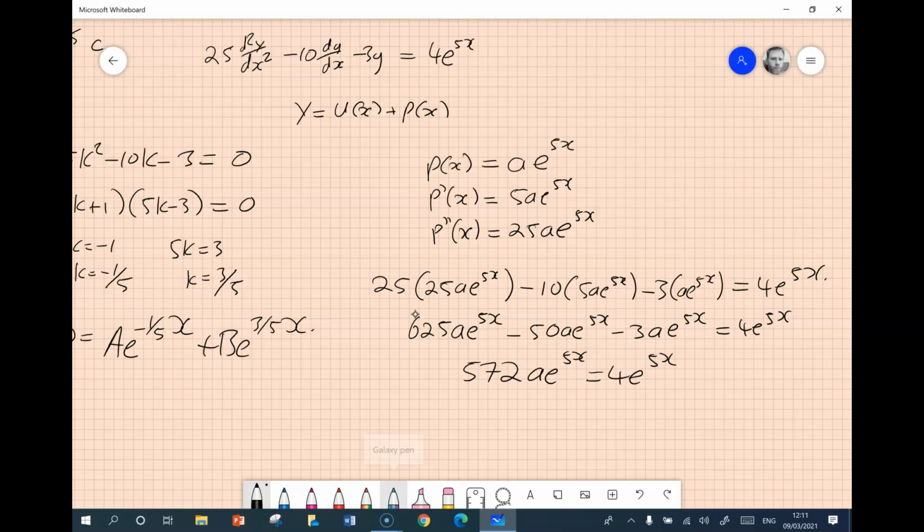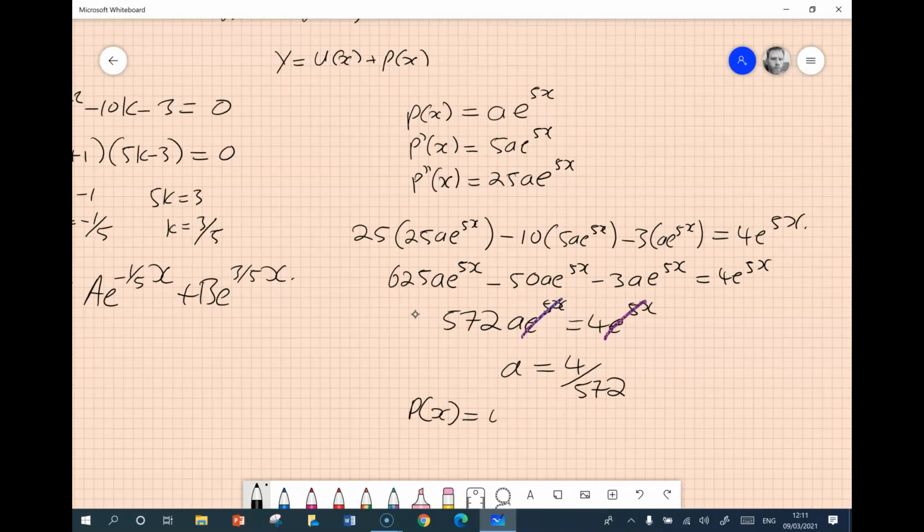We'll divide both sides by e to the power of 5x, and I'm left with 572a equals 4, so a equals 4 over 572. So p of x is ae to the power of 5x, so p of x is equal to 4 over 572 e to the power of 5x.